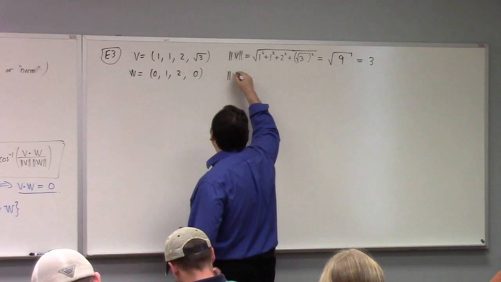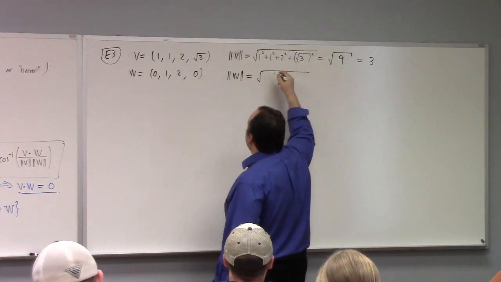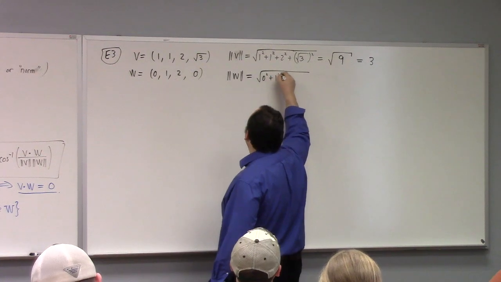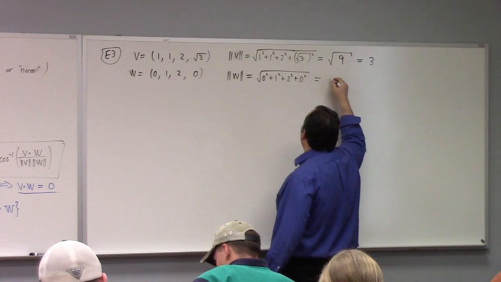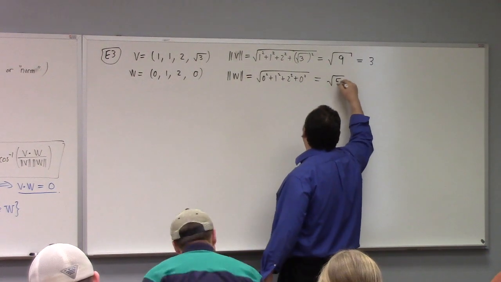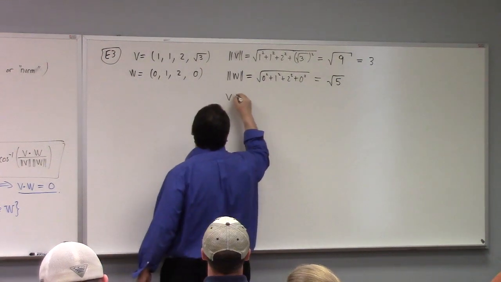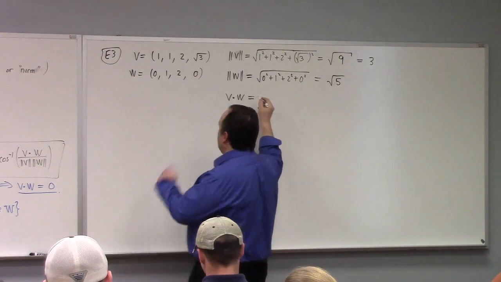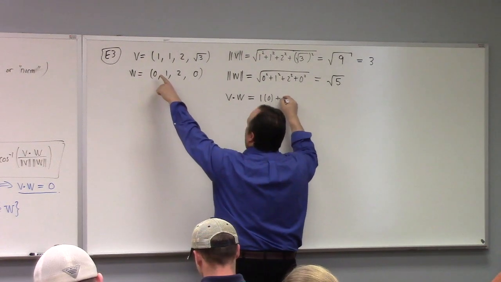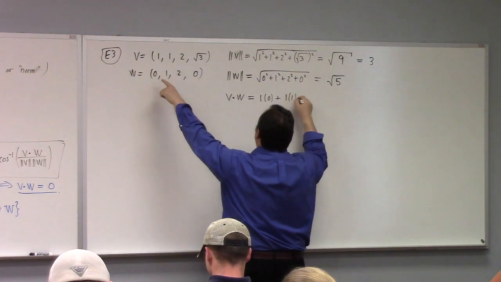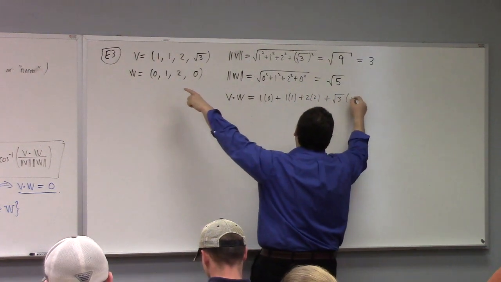Okay, so the length of W, 0 squared plus 1 squared plus 2 squared plus 0 squared, also known as, looks like square root of 5. This one doesn't simplify, right? What's V dot W? We do 1 times 0 plus 1 times 1 plus 2 times 2 plus the square root of 3 times 0.